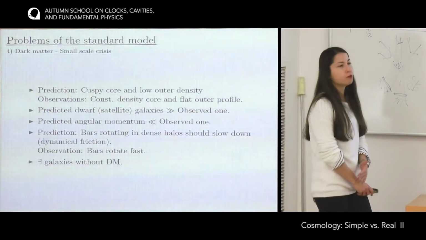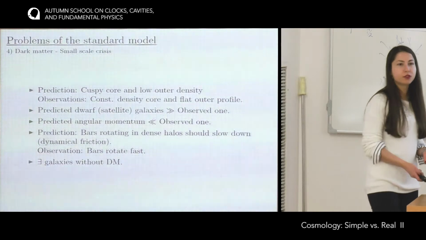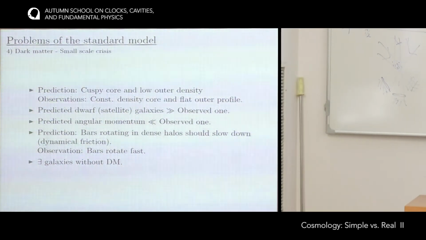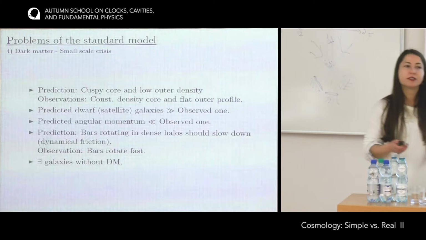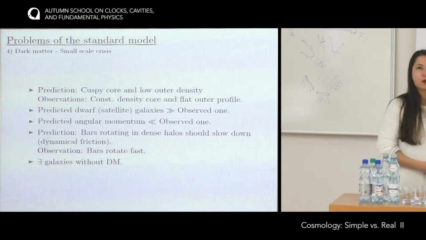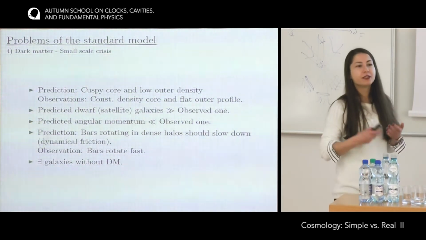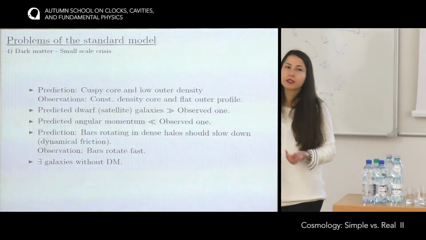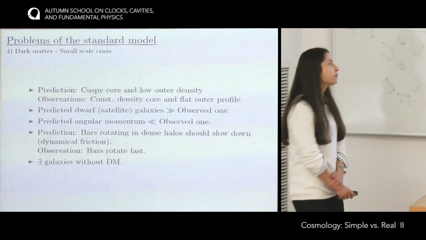And of course, most importantly, despite all the effort of detecting dark matter, spending millions and millions of dollars, putting these experiments underground, in salt, in ices, and people tried to detect it directly or indirectly, we still couldn't detect dark matter.